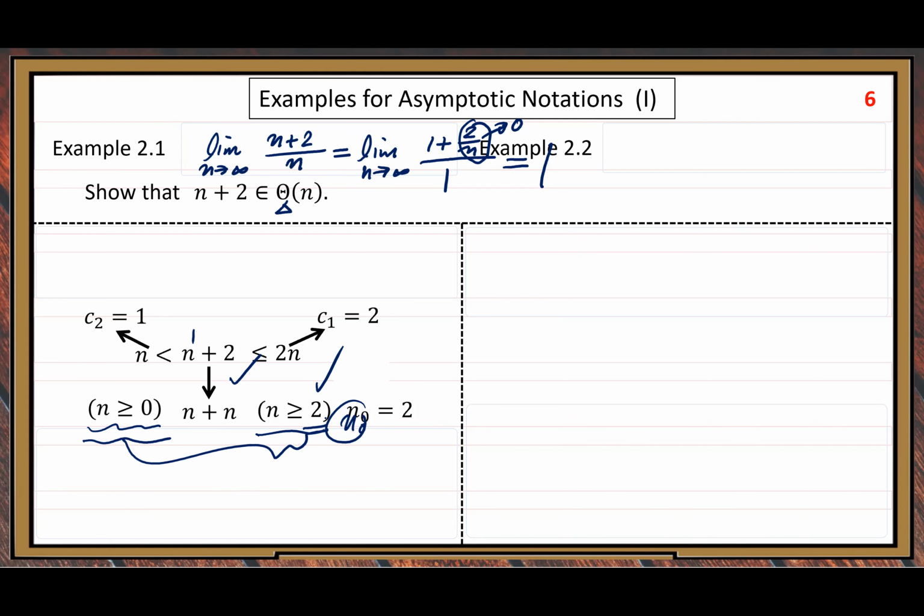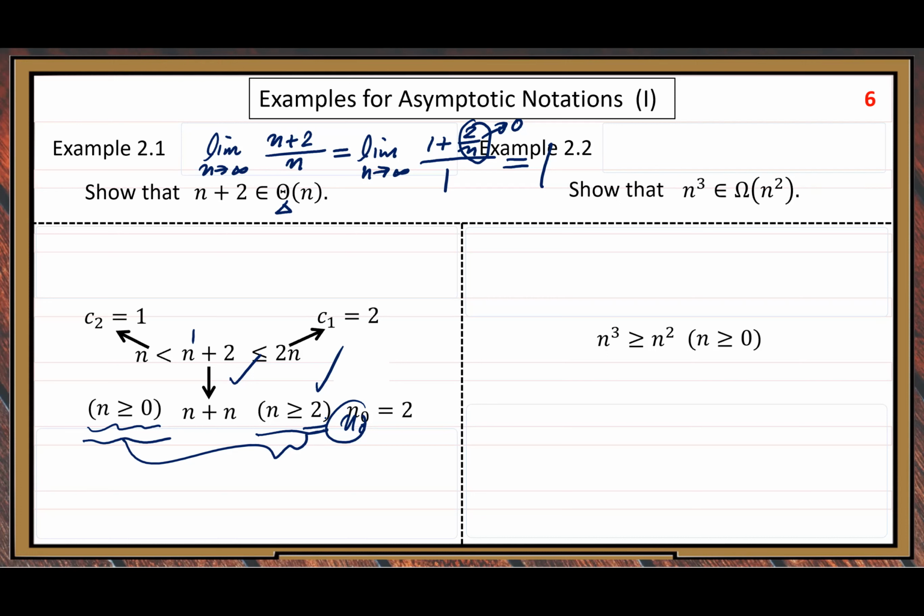That's the first example. Second example, show that n cubed belongs to big omega of n squared. Big omega, we know, is a lower bound. This one is easy, because n cubed is greater or equal to n squared when n is greater or equal to 0.